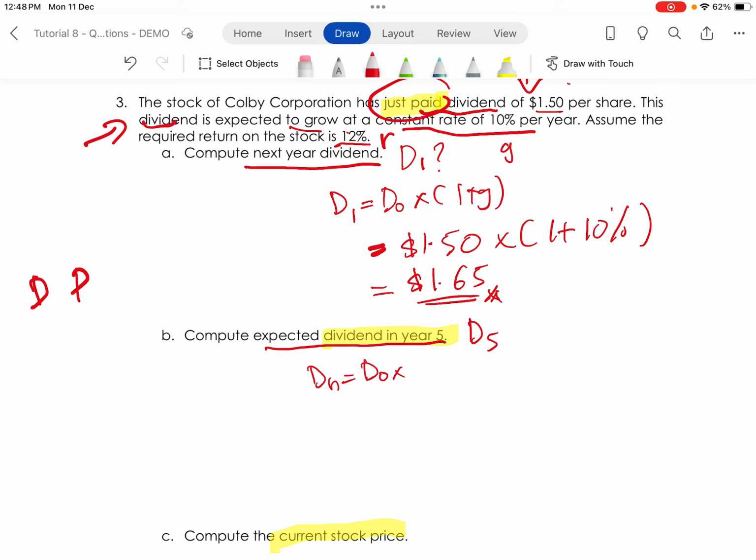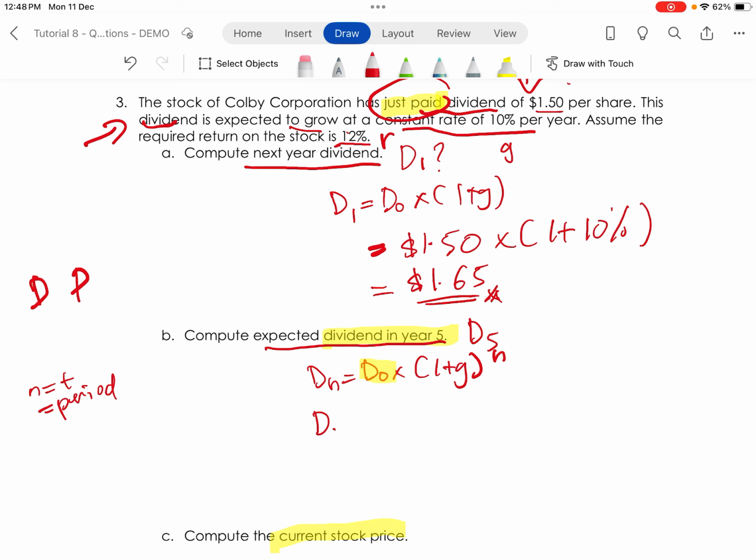Sometimes I write n, sometimes I write t, basically this refers to the time or the period. So D0 times (1 plus g) to the power of n. For whatever year, provided that you know D0, you can calculate the future dividend.